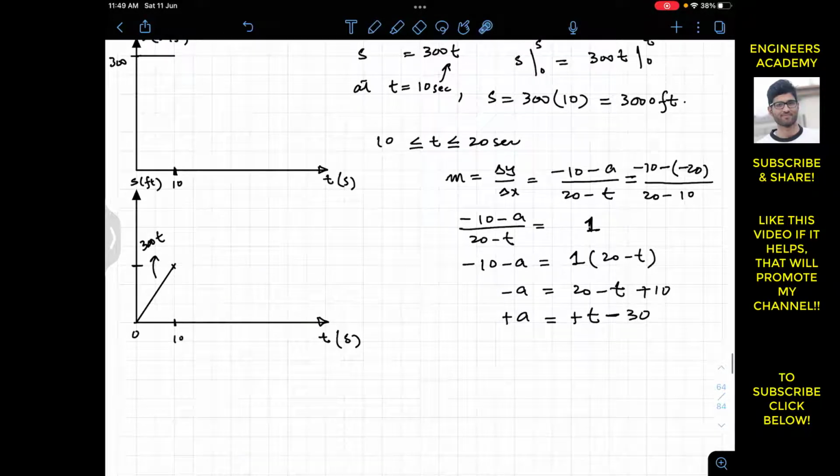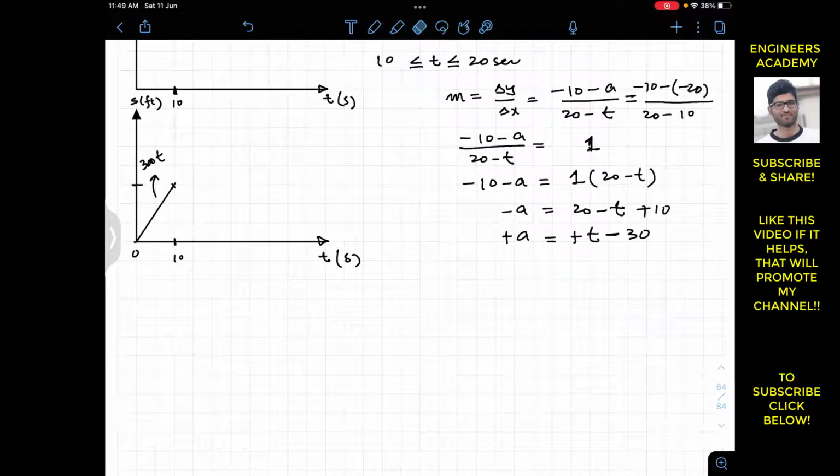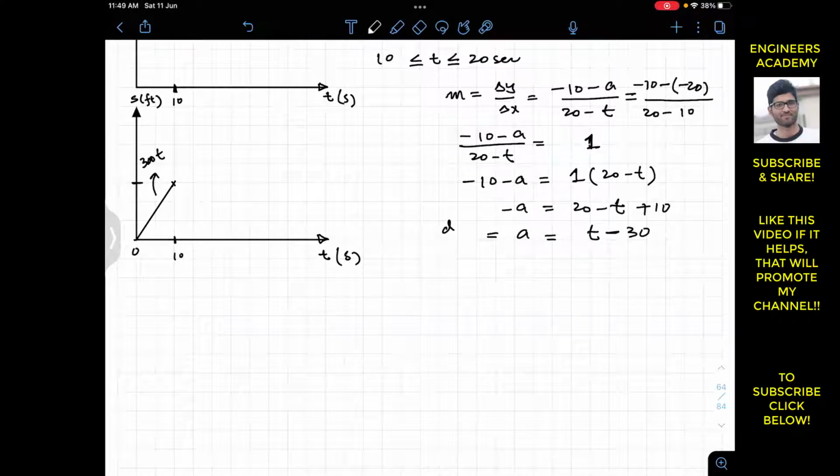Now we know the acceleration as a function of time between this interval, and we have to find the velocity as a function of time. So now we know that acceleration is dv by dt, and from this we can write that dv is equal to t minus 30 into dt, and to find v as a function of time we have to integrate this.